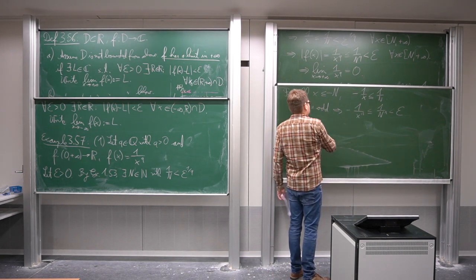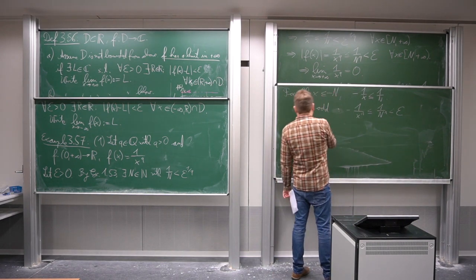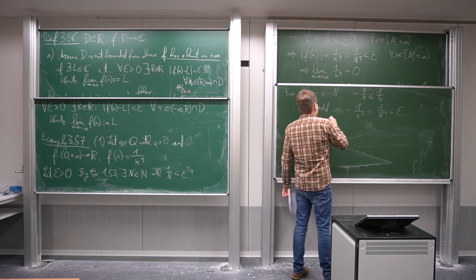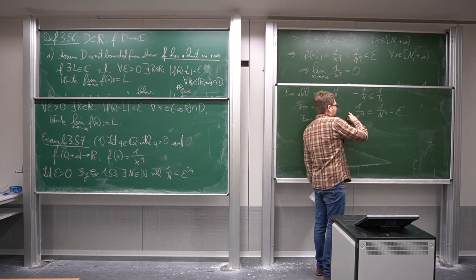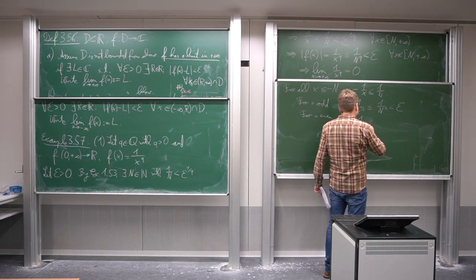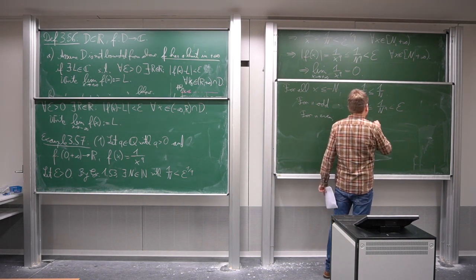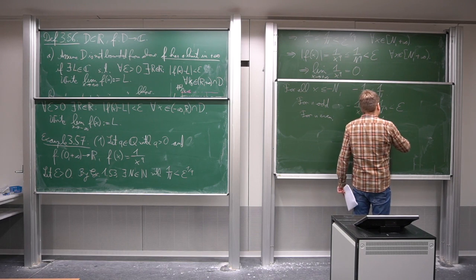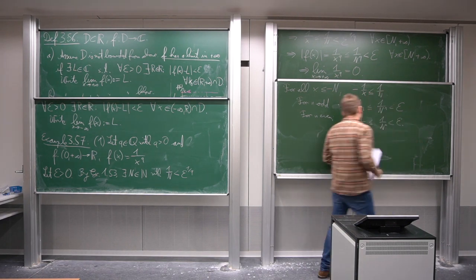For n even, we have minus 1 to an even power, so this vanishes, so we get 1 over x to the power of n smaller than 1 over n to the power of n, again smaller than epsilon.